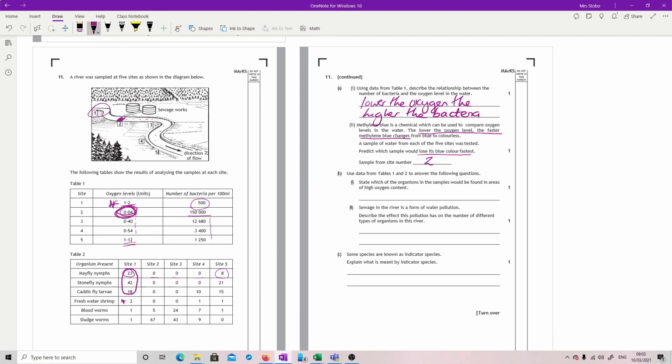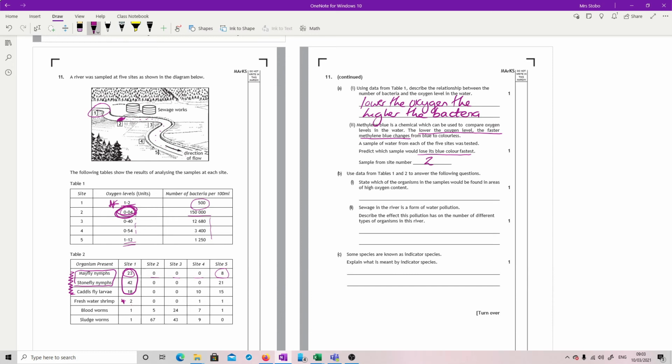Really we're looking at these guys as being the most prevalent, in biggest numbers, in the best oxygen level. So mayfly nymph, stonefly nymph, caddisfly larvae. I would really go with the nymphs. You'll get the mark for getting these 2. These ones are not going to take your marks off, but you want the nymphs basically.